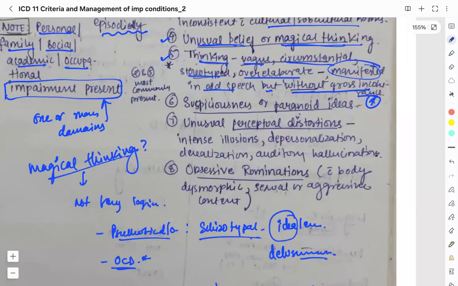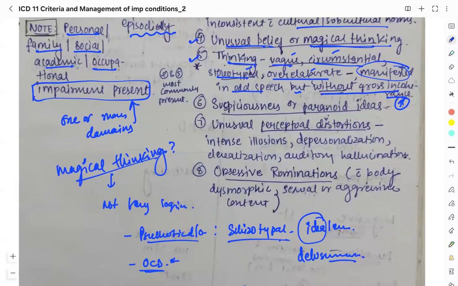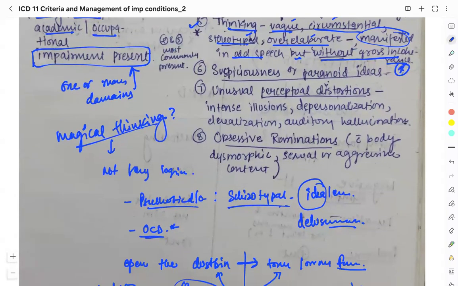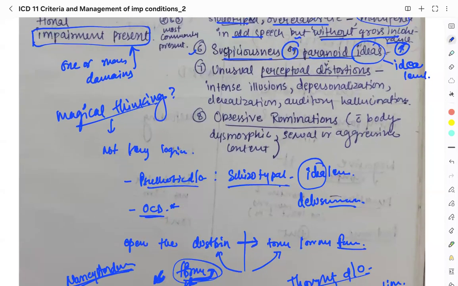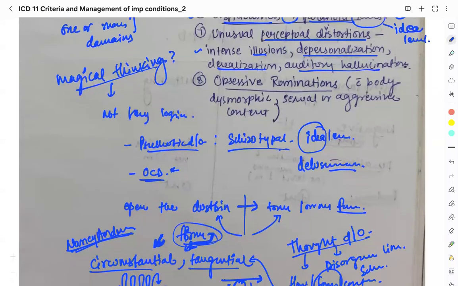So the vague, circumstantial, stereotyped, over elaborative speech might be present. Then they might be having suspiciousness or paranoid ideas. This is important. It is at an idea level. It is not at a delusional level. Then they might have unusual perceptual disturbances. So they might have intense illusions or depersonalization experiences, derealization experiences, or even auditory hallucinations.